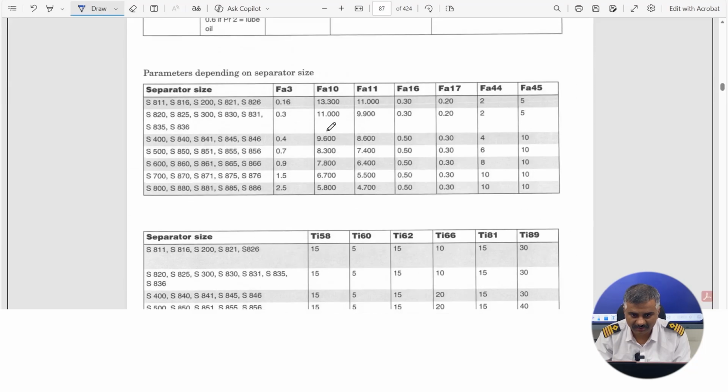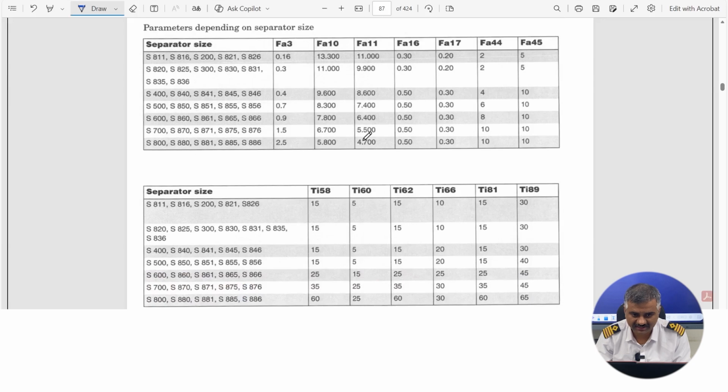This is the table that the maker is asking to refer to for the parameters. As we are discussing the S851 model, I have taken the values for the S851 model depending on the table type and the separator type.